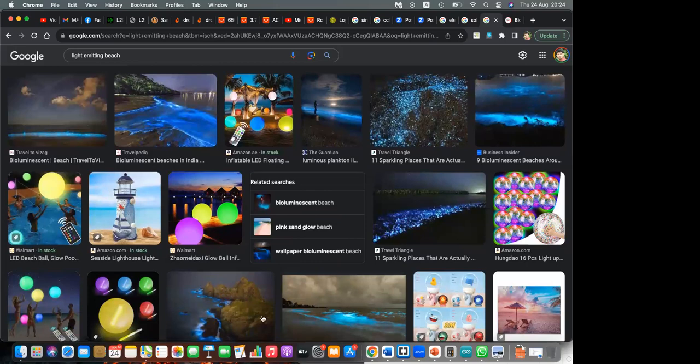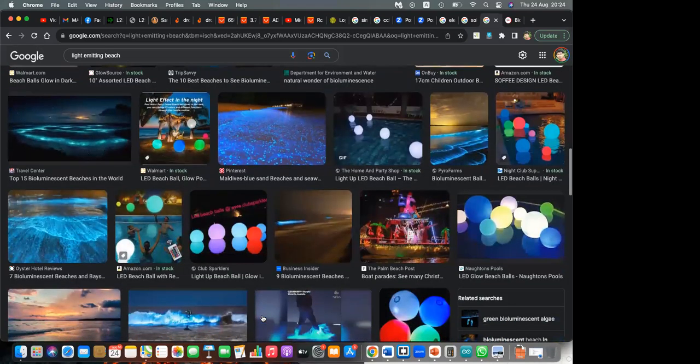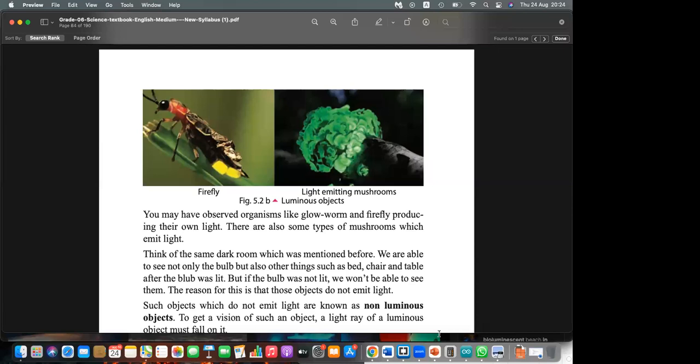It can be due to an imbalance of a certain species that is heavily spread in a particular area, so that can be harmful. Okay, so just see what these things are. Then let's move to light emitting mushrooms and fireflies. They are also capable of emitting light.